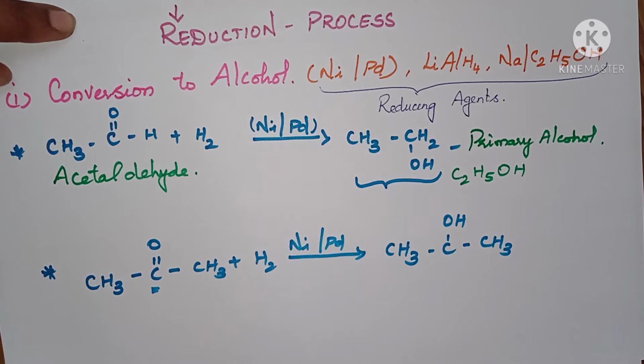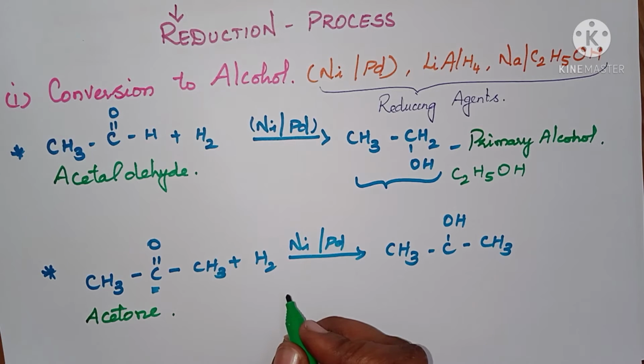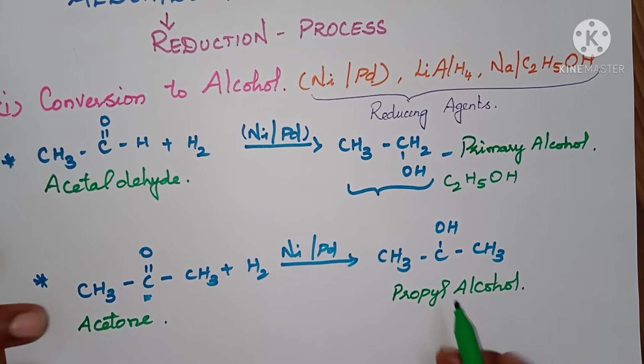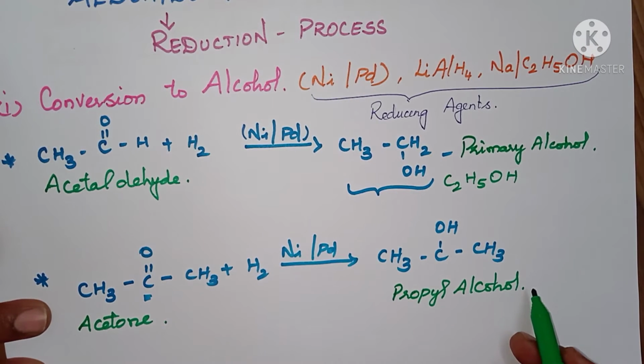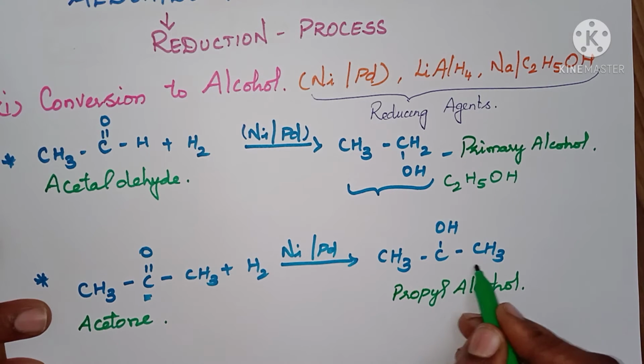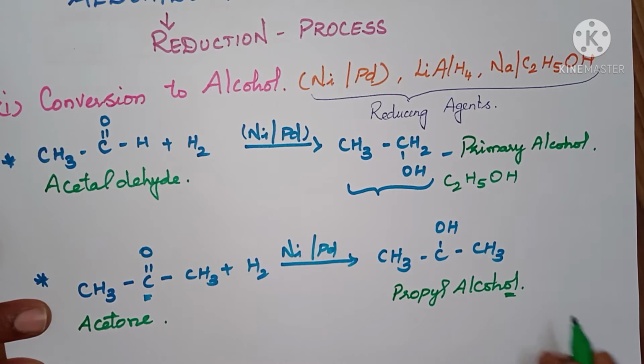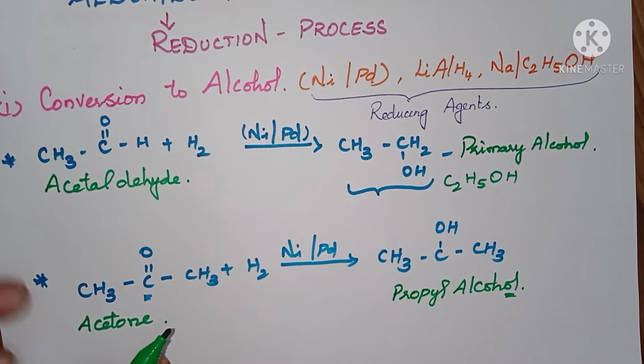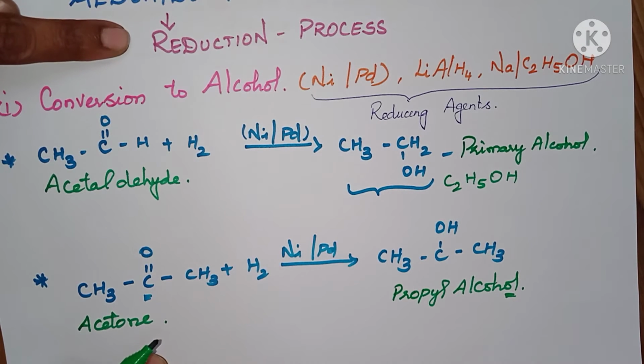Now what is the name of this? This is acetone. See, this is propyl alcohol, or else we can write 1, 2, 3, so 2-propanol. I hope you got it for the reduction process.